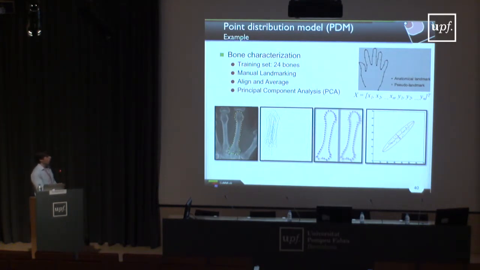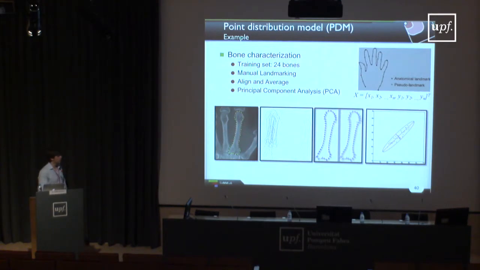So what we need to do is first segment all the bones and add landmarks in different specific places. Then we put all the bones together. Then we do an averaging and a matching of all the landmarks. From this, we can learn all the different shapes that a bone can have, using, for instance, principal component analysis to keep only the most important modes of variation, and then build a model of the bone.